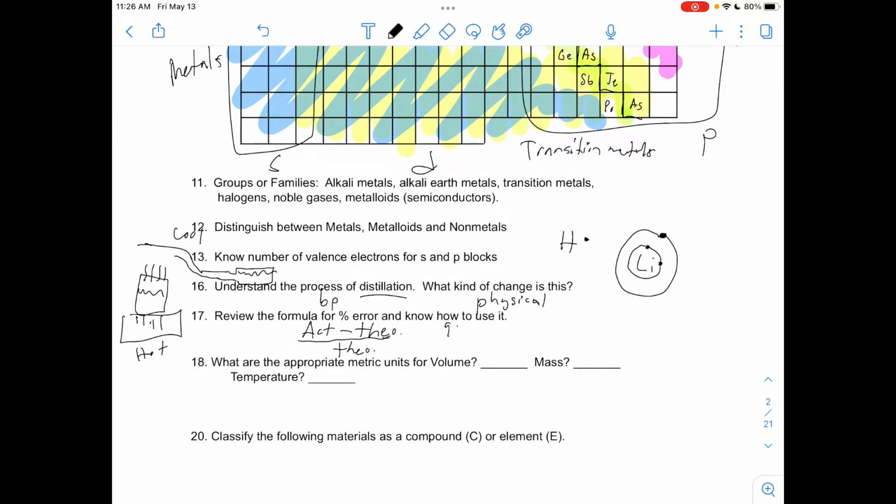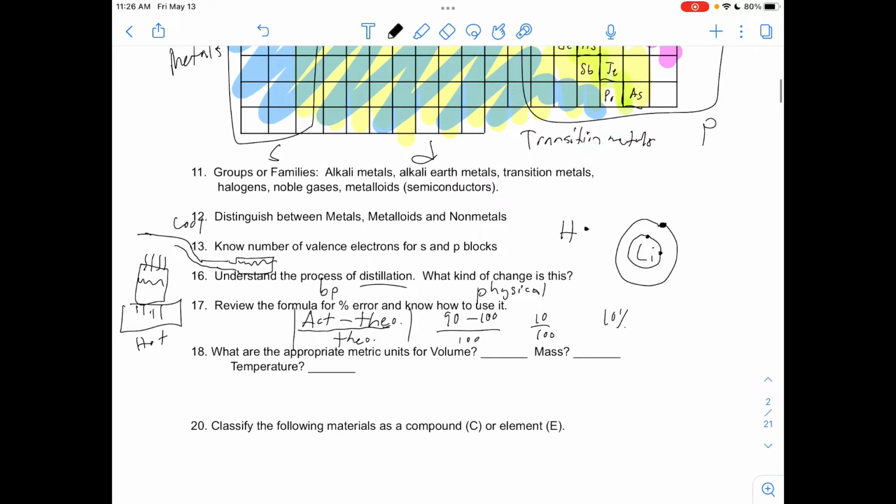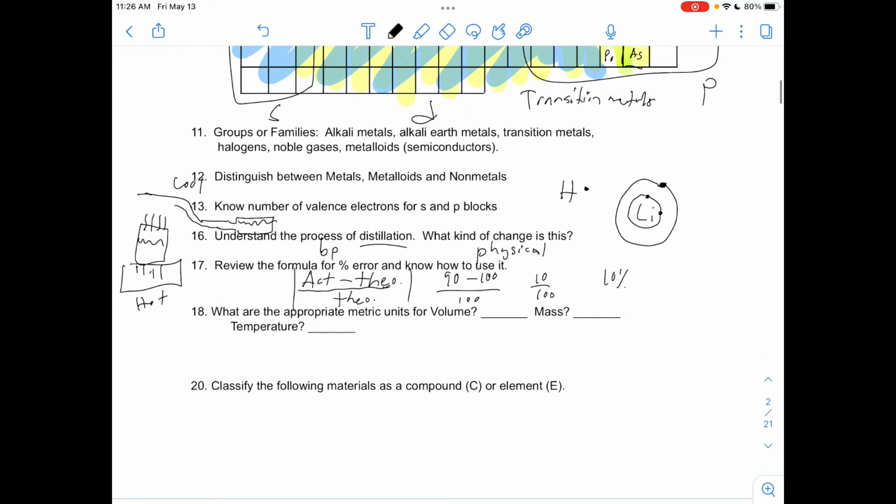If I got 90% and you're supposed to get 100%, and again, sorry, take the absolute value so there are no negatives. Okay, so that would be 10 over 100. So what is 10 over 100? Well, that's 10%. 10% error. Okay, 10% you got wrong. So that's actually pretty good. You want 0% error, or 1% error would be even better, but that's how you get percent error.